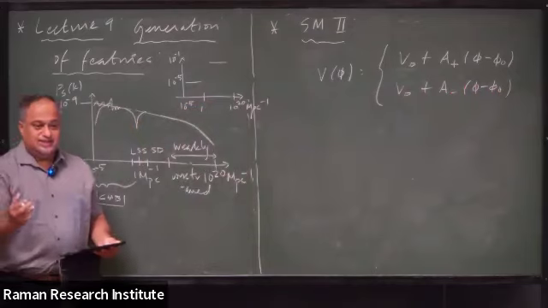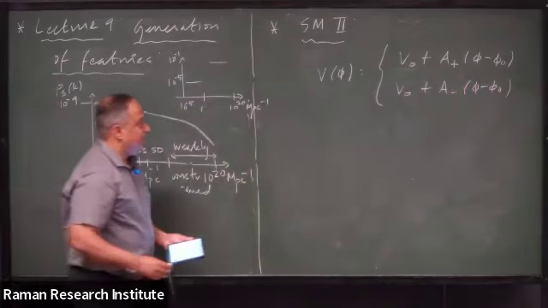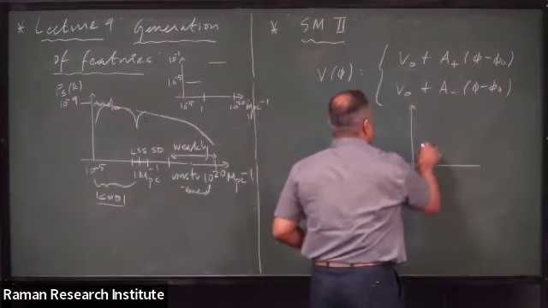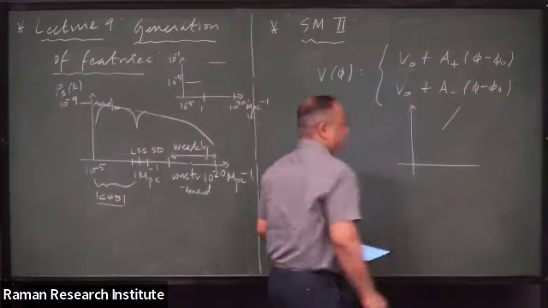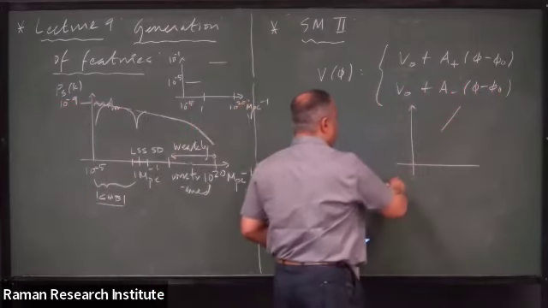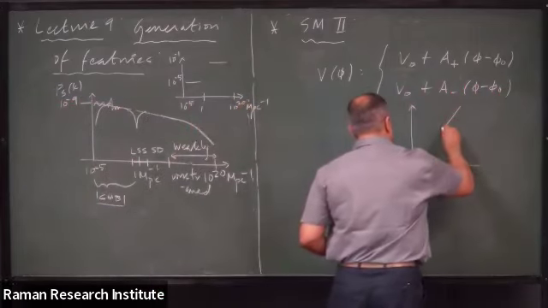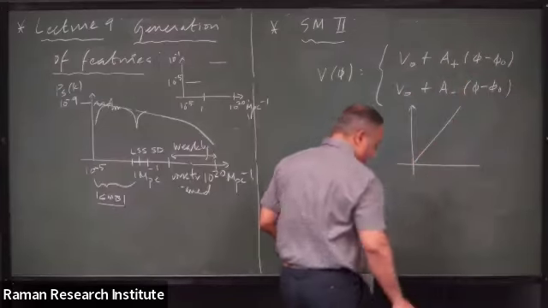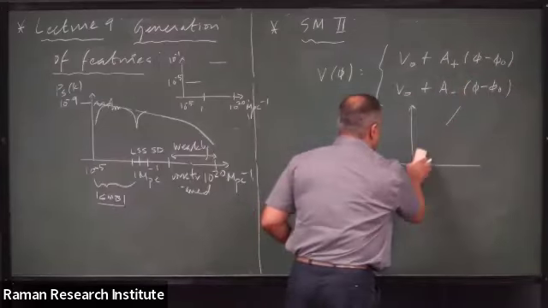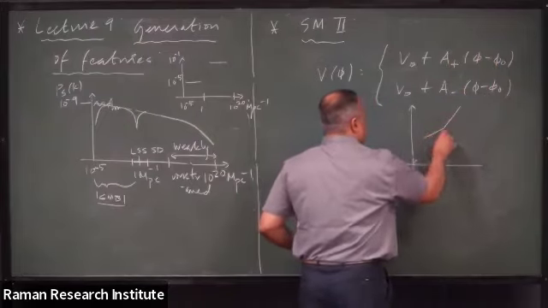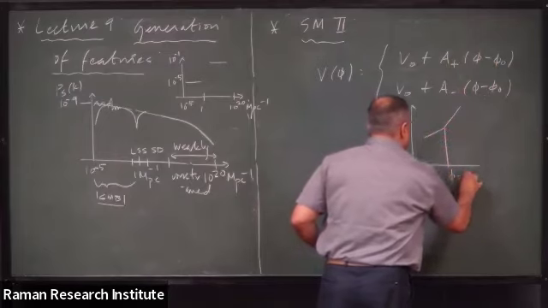If it was the same, I would have had a potential which is like this, with some V naught, and it would have gone all the way up to V naught. But what do we have at phi naught? I have a different slope at phi equal to phi naught.